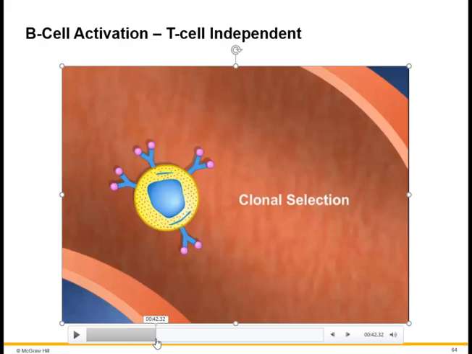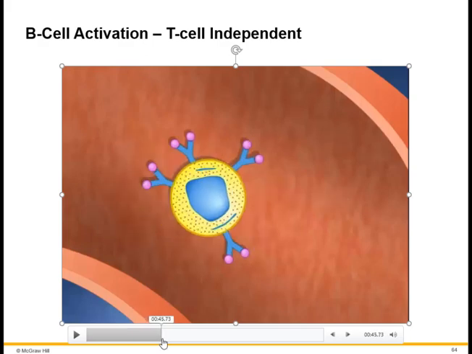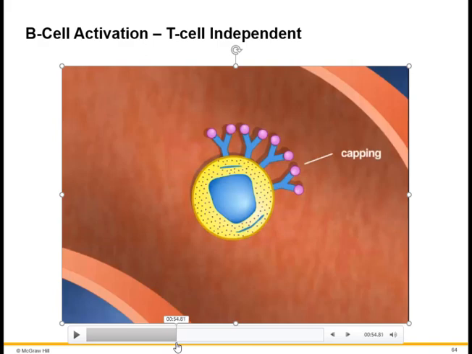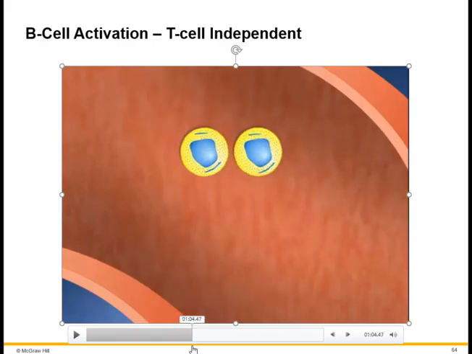And so the others that don't get selected, they await activation later. They don't develop further. But these do this process called capping, where the antigen-antibody complexes cluster together in one area, and then they are engulfed into the B cell. And the B cell then is activated.